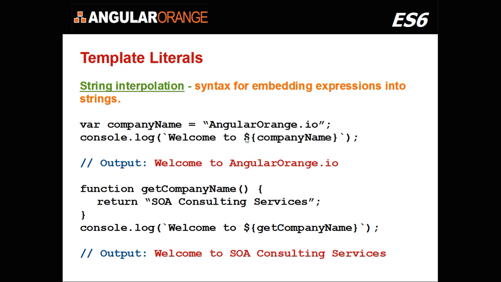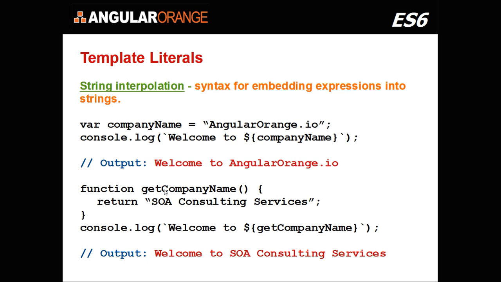So with this syntax, the expression gets evaluated and inserted into the resulting string. Now notice I'm using backticks here, so that's really important to understand. So the output of this particular code snippet would be welcome to angularorange.io.